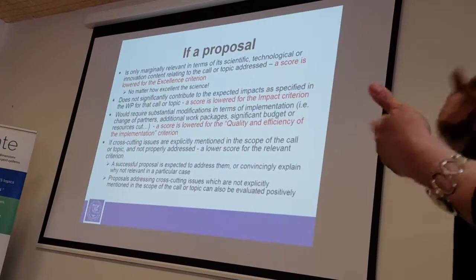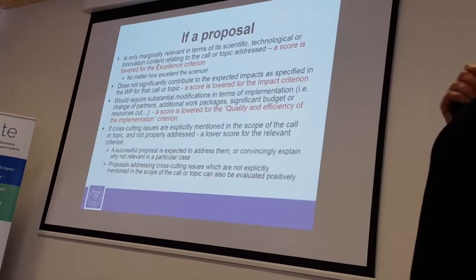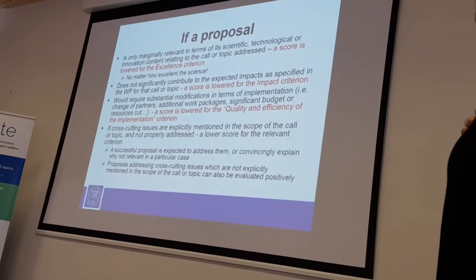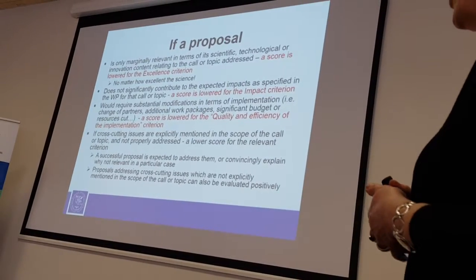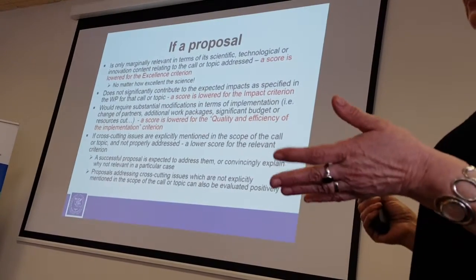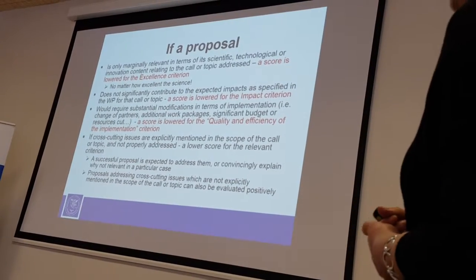So be careful here. If a proposal doesn't significantly contribute to the expected impacts as specified in the work programme for the specific call or topic, then again the evaluators are asked to lower the score for the impact criterion.